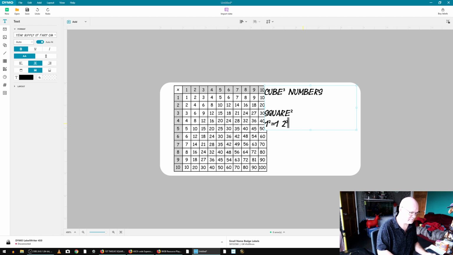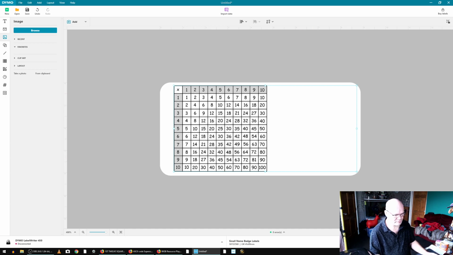Power of 2, yeah, equals 4. Actually I think we'll cut that and just print that out.